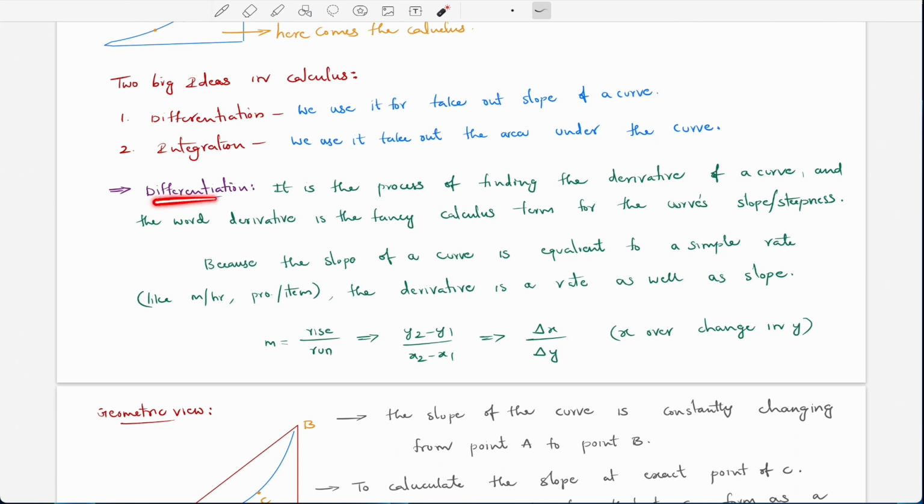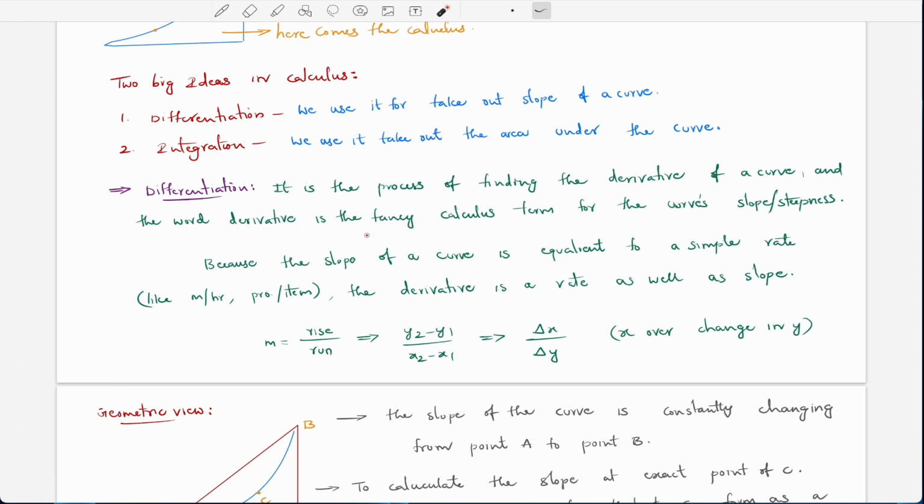Okay, so differentiation is just the process of finding the derivative of a curve. The word derivative is a fancy word, right?